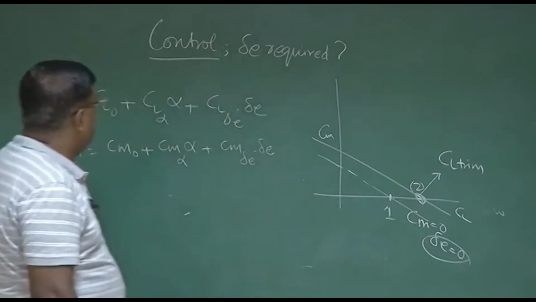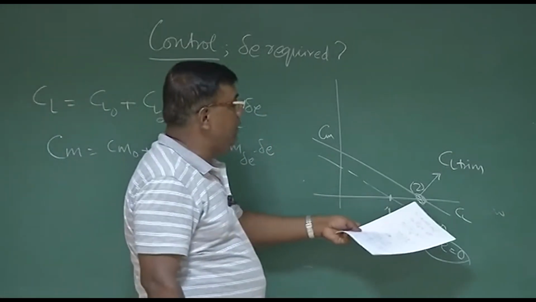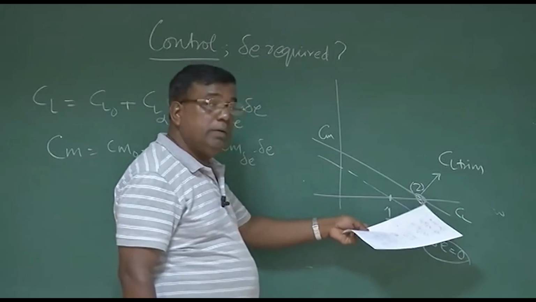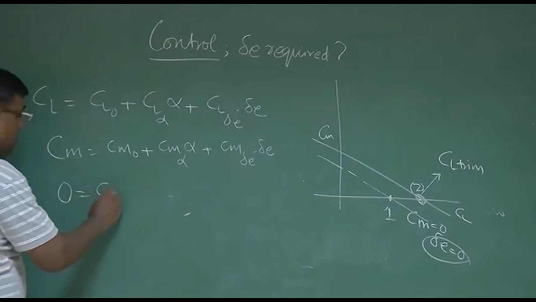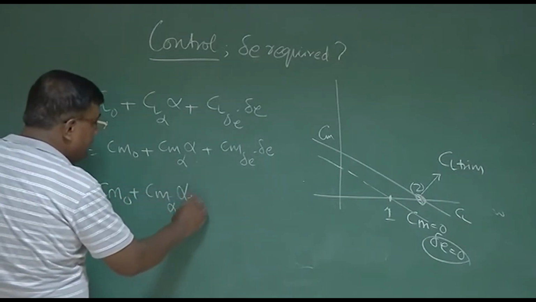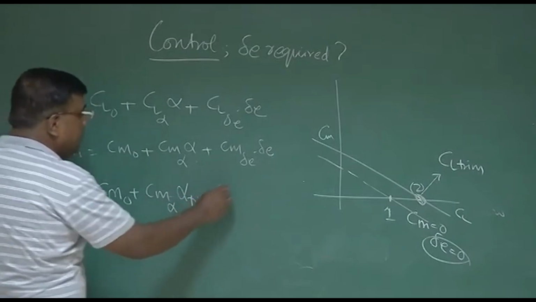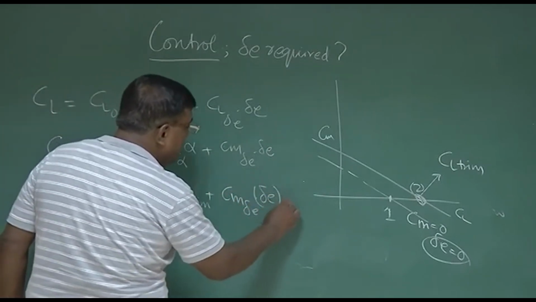Okay. So since I know the second point or first point has to be in trim, that is Cm has to be 0. So I write 0 is equal to Cm naught plus Cm alpha into alpha trim plus Cm delta E into delta E required.